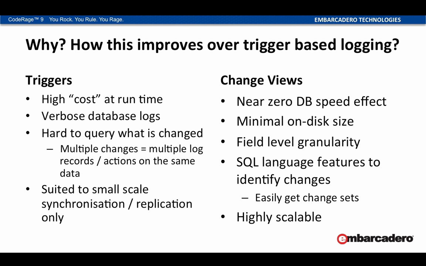We have field level granularity, so we're able to identify specifically what fields have been changed, where and when. We're able to query through SQL for what fields have changed, what is the change state of the field, and get that subset of data of what's changed back as well. And it's very highly scalable. Change views has the same cost on a database from 1 user to 1,000 users.